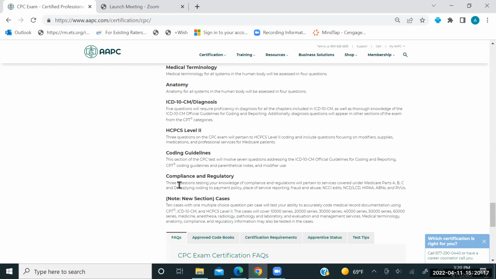Hint, it's the AMA, so it's on the very front of your manual. RVUs, things like that we've talked about. Maybe it feels like filler information or just background information, but there are 3 questions about it on the national exam, so they're good to know about. And then you'll see that we have 3 questions about HCPCS, which I've already talked about in one of our videos as well. So that is what I wanted to show you.